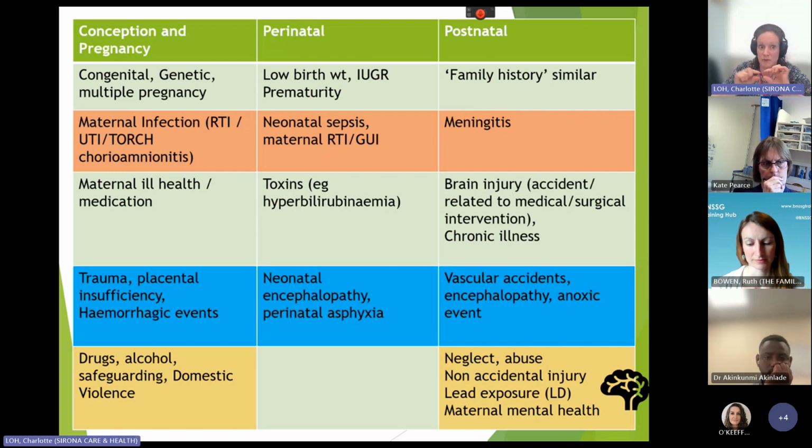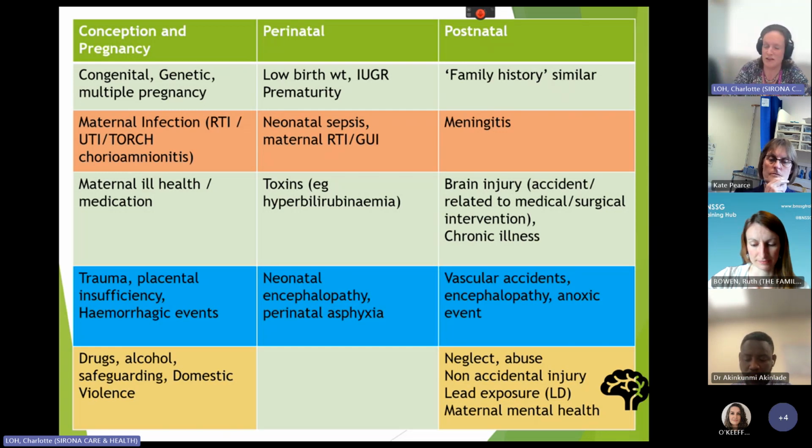The ones I've highlighted are infection, trauma and any safeguarding issues, those quite broad areas. If you keep those in mind and think about the 3 time periods, and then think about any other health problems in the child or in the mother, and family history, then you've pretty much covered it all.